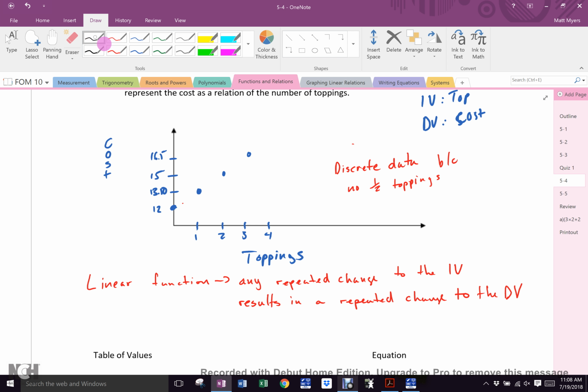When I moved this way on the IV, how far was that? 1. How far up did I go? 1.5, right? Then, when I moved this way, how far did I go? 1. How far up? 1.5. This way, how far?